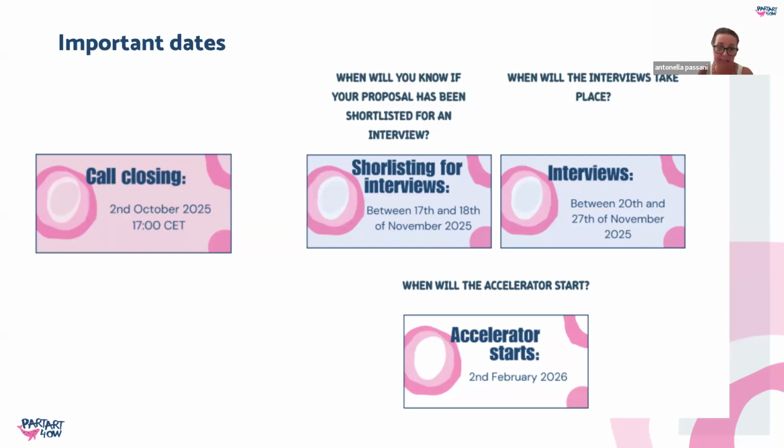We will give you a specific date and time, and we cannot negotiate this because we have a tight schedule. So for example, if you already know that from 20 to 27, nobody from your consortium can attend a potential interview, that's no reason to participate, I would say. I mean, these are really fixed. A date can slightly change in case of delay, but it has to be one of the things you consider, for example. And the accelerator starts on the 2nd of February and lasts for 6 months.